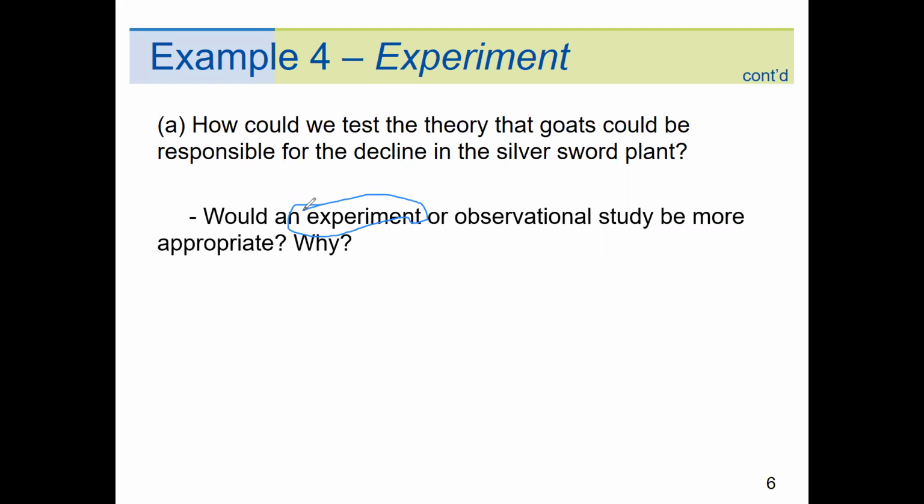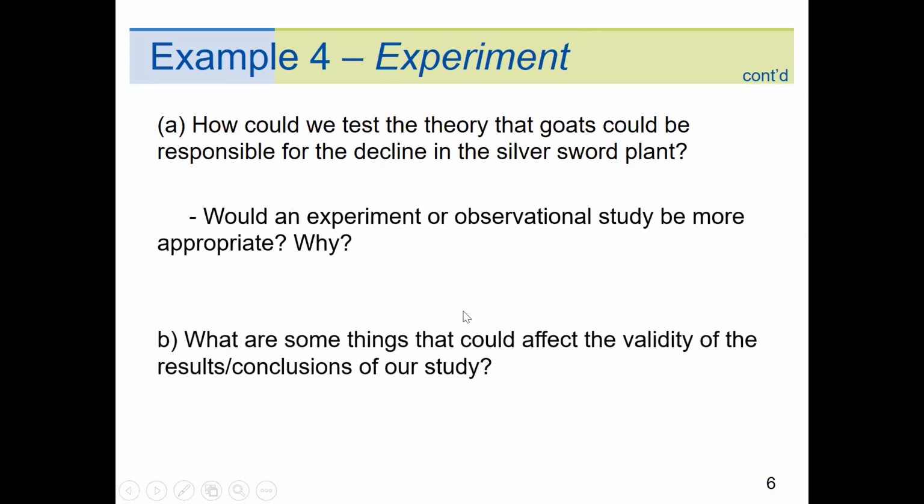Did the goats make a noticeable difference, or was the amount of plants left similar in both areas? The treatment in this case would be allowing goats in some areas, but blocking them off from others. So that's where the experiment, the treatment, we did something on purpose to try to tell if the difference was made.